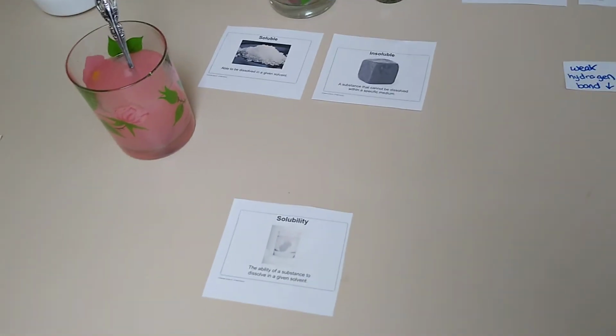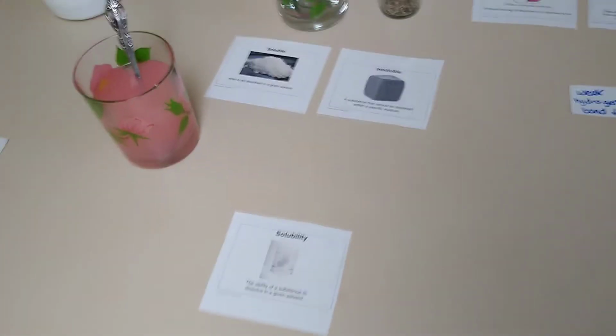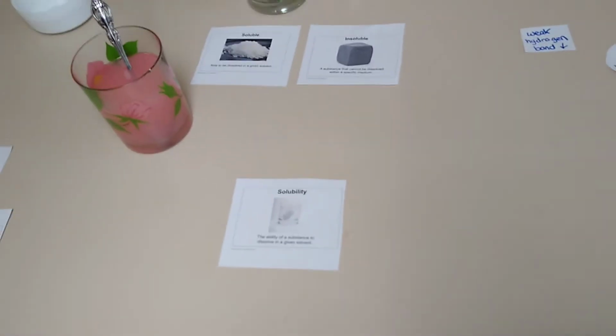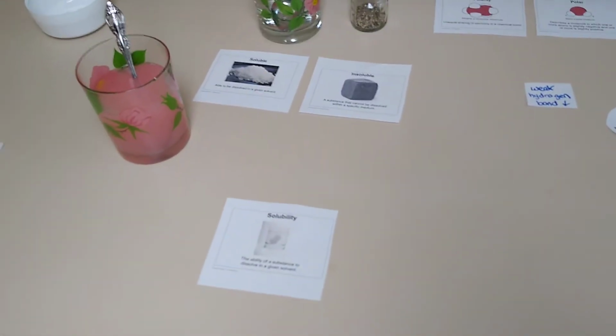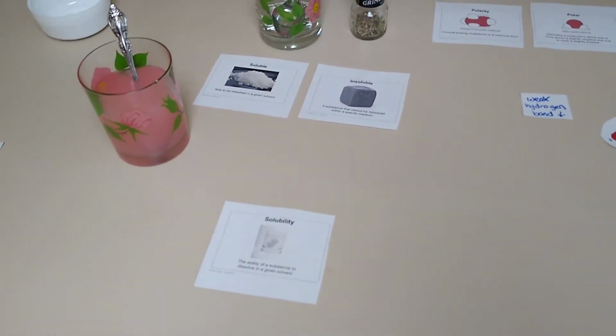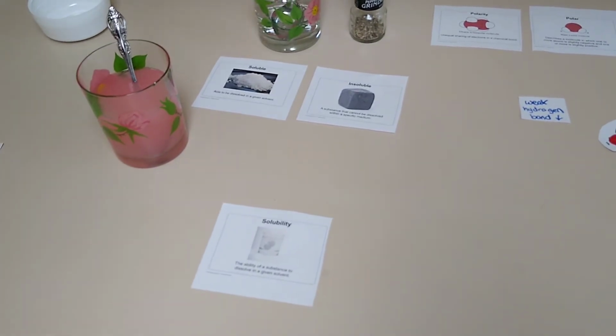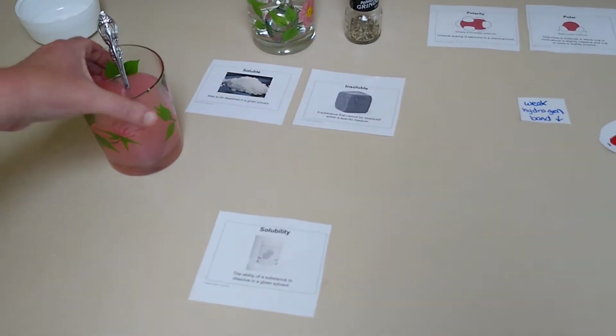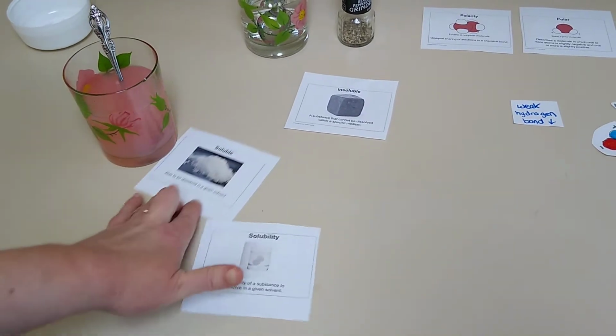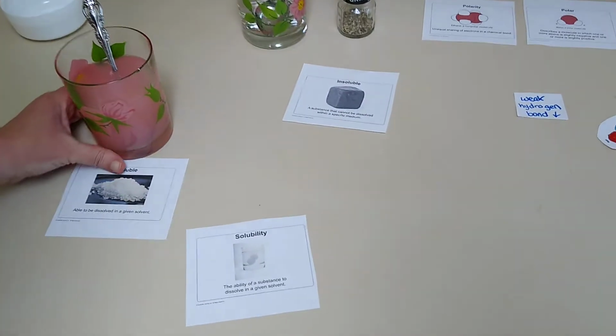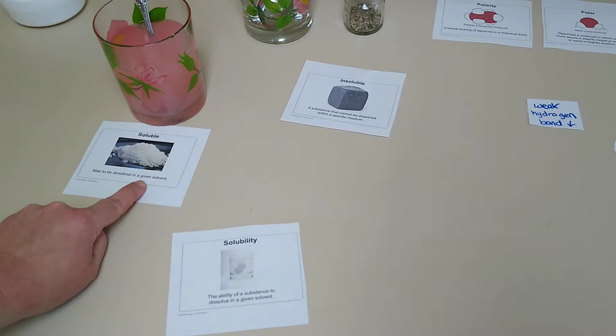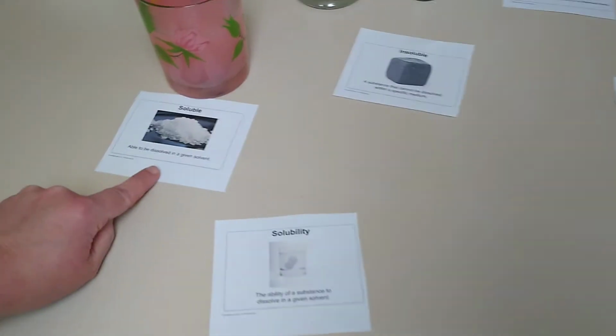It did not melt. It disappeared because it broke apart into little pieces and it spread evenly throughout the water. So the water particles are holding it up evenly throughout that mixture. So this is soluble because it dissolved. So soluble, able to be dissolved in a given solvent. The lemonade mix is soluble.